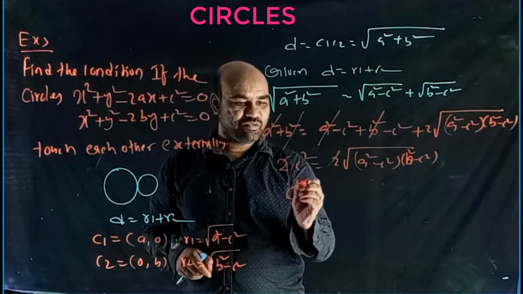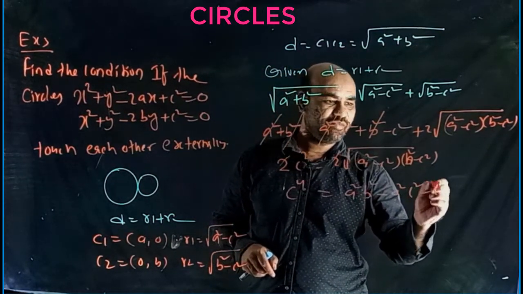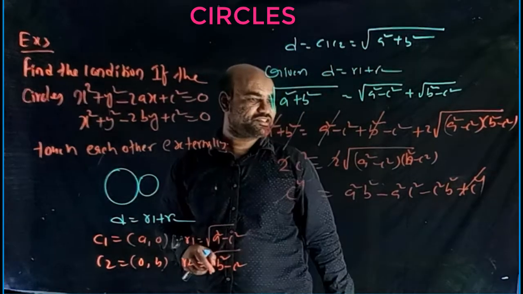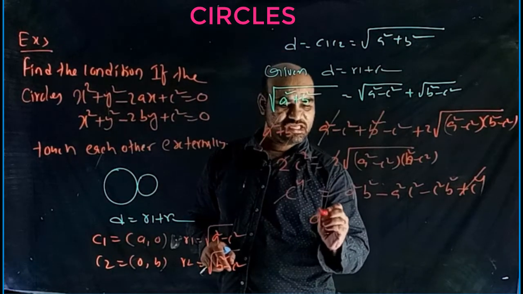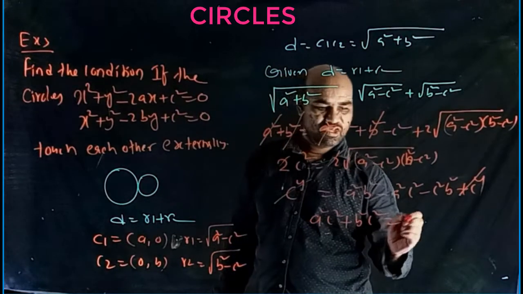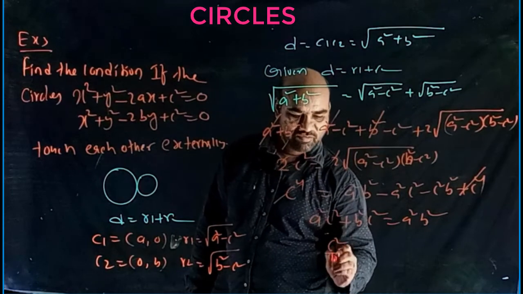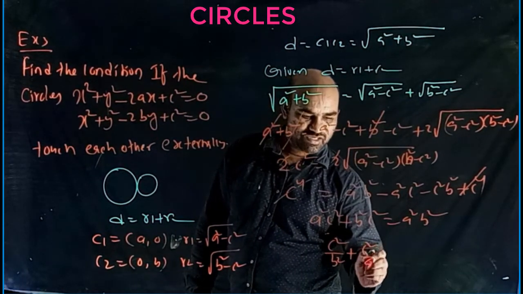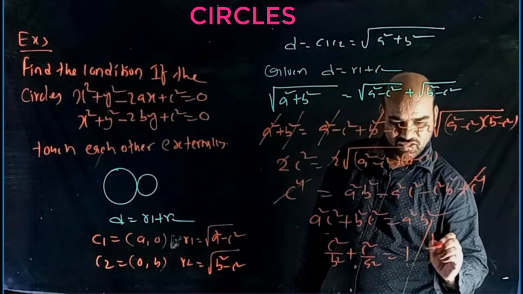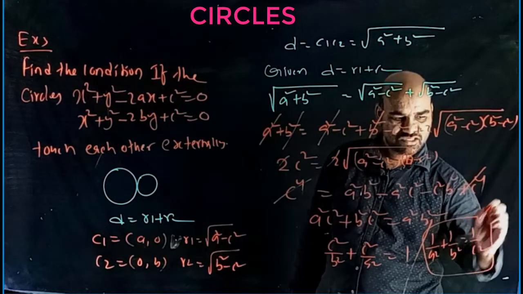Again squaring, C power 4 equal to A square B square minus A square C square minus C square B square plus C power 4. This C power 4 and this C power 4 get cancelled. So finally what you got: A square C square plus B square C square equal to A square B square. Divide through by A square B square: C square by B square plus C square by A square equal to 1. In other words, 1 by A square plus 1 by B square equal to 1 by C square. This is the required relation.